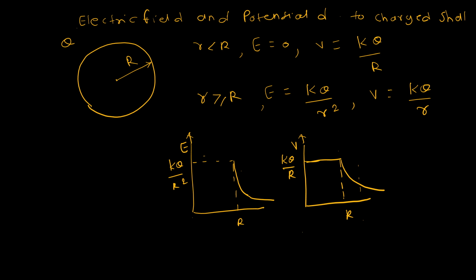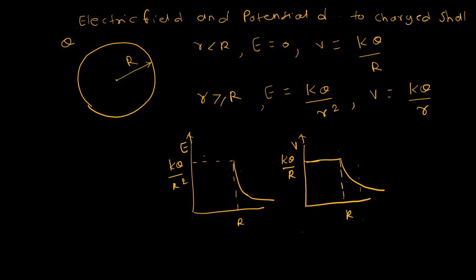The potential remains constant from radius 0 to R, and then it starts to decrease, whereas the electric field, given by kq upon r square, is 0 up to the point R. On the surface it will be kq upon R square, and after that it will also start decreasing.